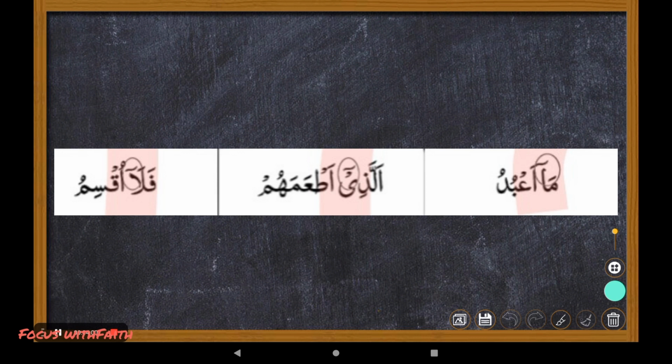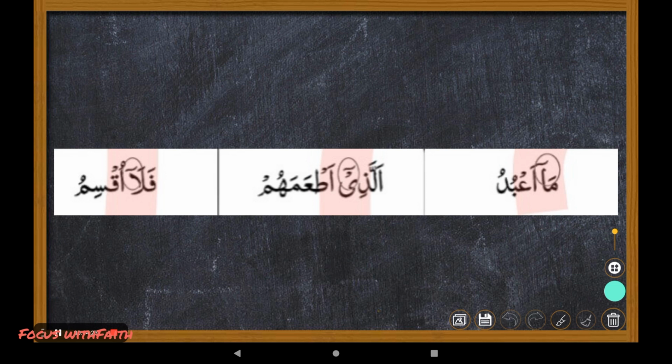The same thing goes for alladhi at'amahum. The ya has madd, and a bit far apart, the second word starts with hamza. They are far, so that is an example for munfasil.